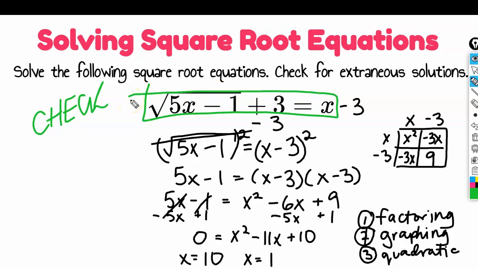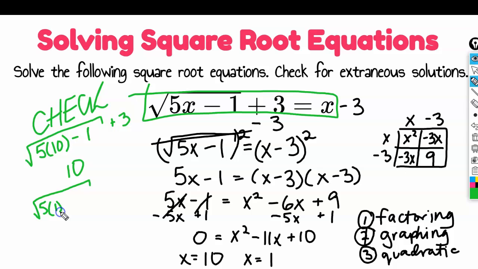So you are going to check that when you plug in 10, minus 1 plus 3, you're going to check that this ends up equaling x, which is 10. You are also going to check that if you replaced x with 1, that it would match up.